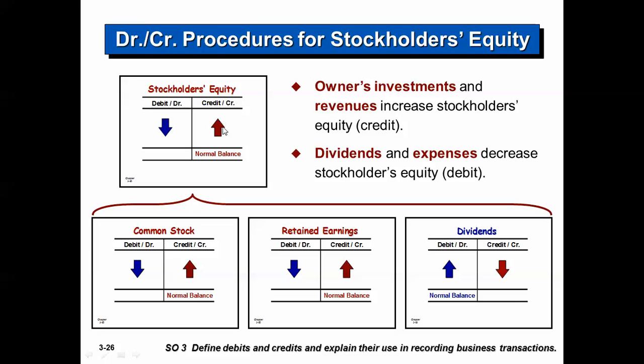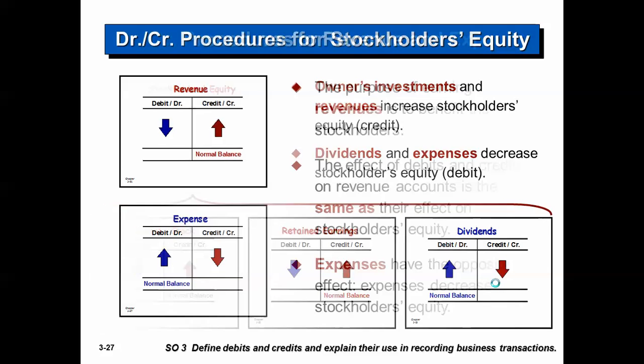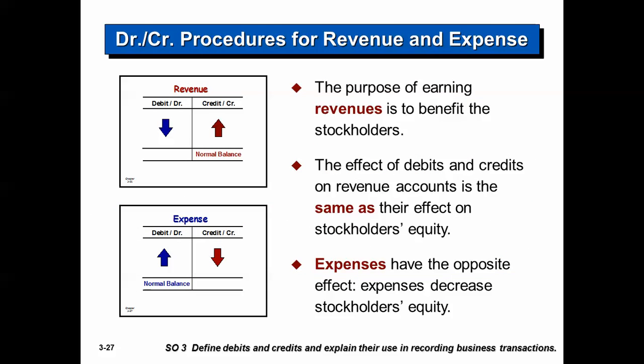Now, shareholders' equity is common stock, which goes up on the right, and retained earnings, which goes up on the right, and dividends reduce retained earnings, so it's opposite. It goes down on the right. Okay? Now, to look further at retained earnings, we have revenue transactions.